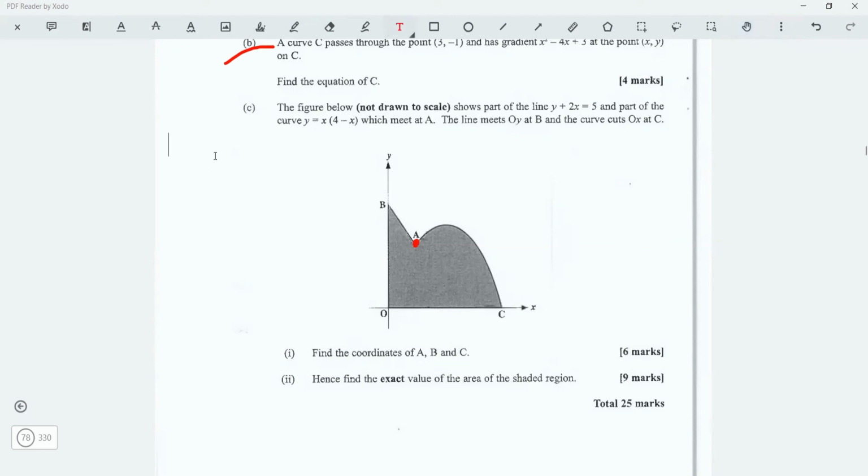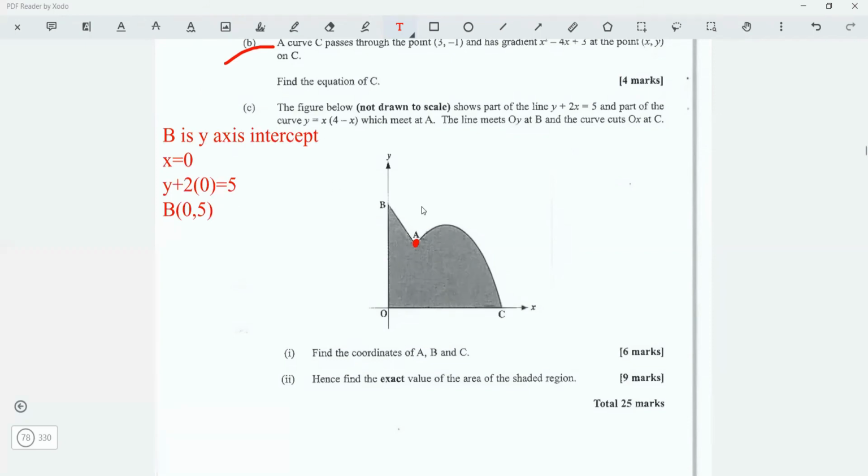Know that B is the y-axis intercept, and on the y-axis intercept x equals 0. So in the line, y equals 2 times 0 plus 5, and that means B is the point where x is 0 and y is 5. That is B.